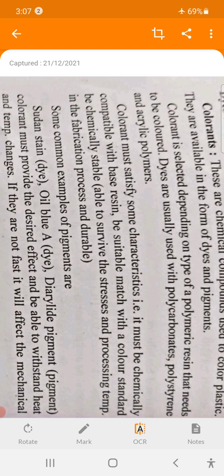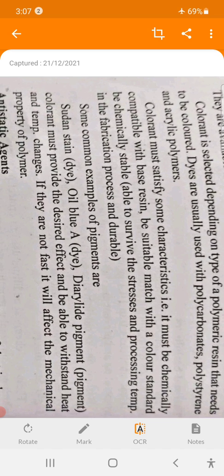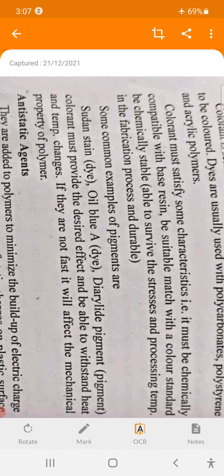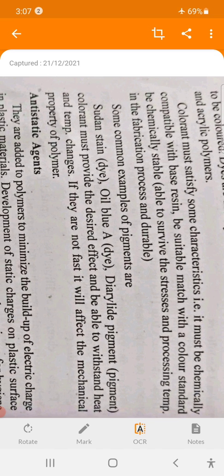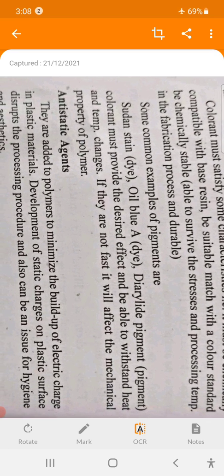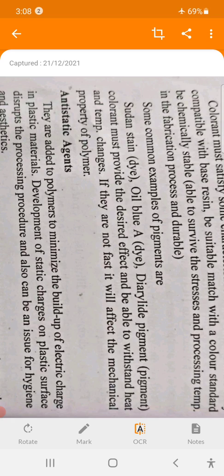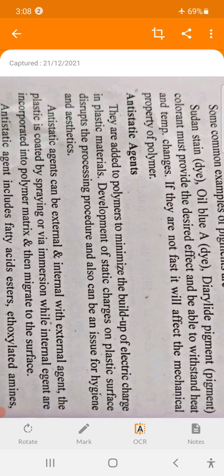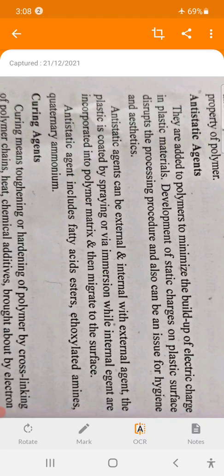They must be suitable to match with a color standard, be chemically stable, and must be able to impart stable color to the polymer material. Some common examples of colorants are given here: Sudan stain, oil blue, and perylene pigments that are used to color the polymer material.